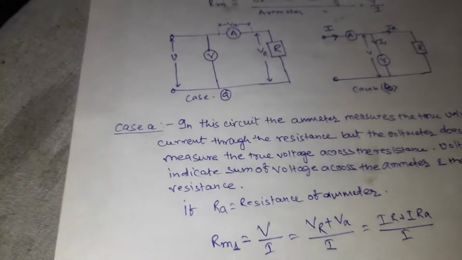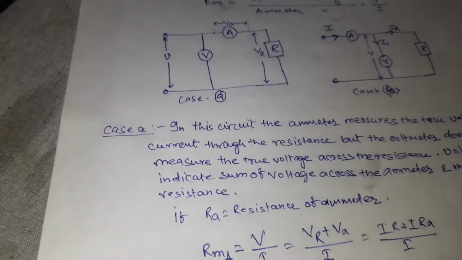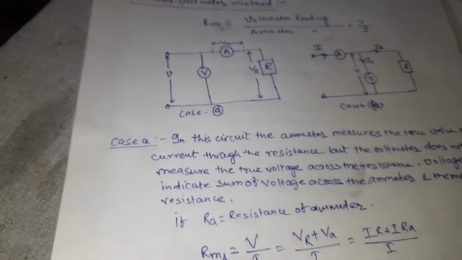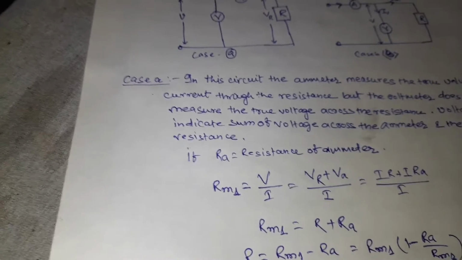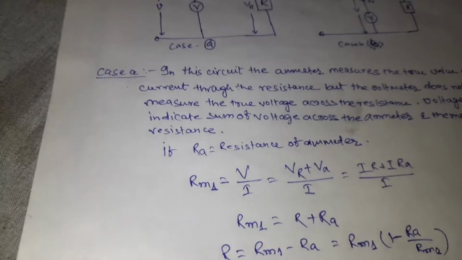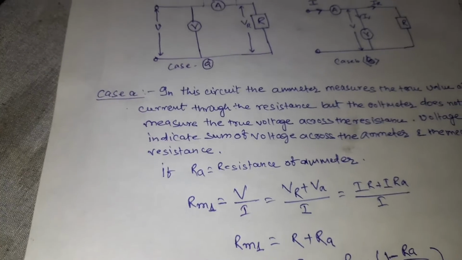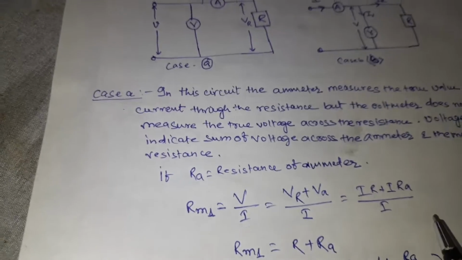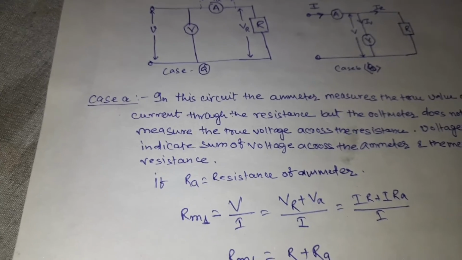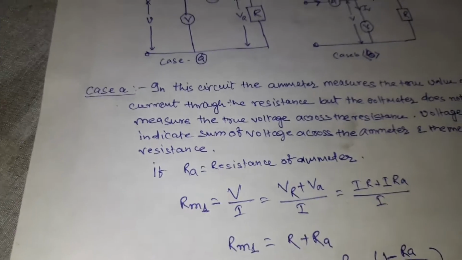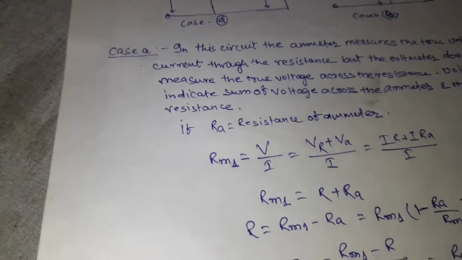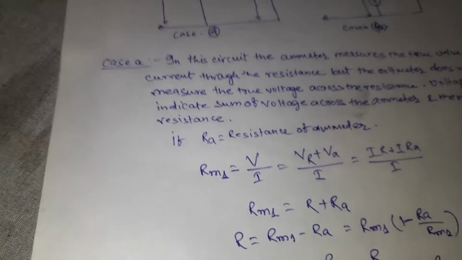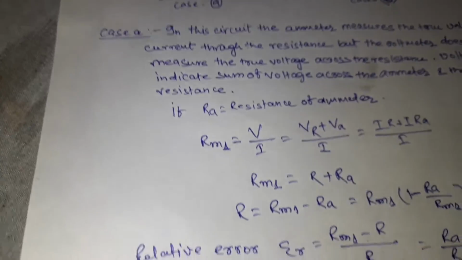Let RA be the resistance of the ammeter. The measured resistance is V by I, where V contains two parts, the voltage drop across the resistance and across the ammeter, divided by the actual current. So the measured resistance is R plus RA.